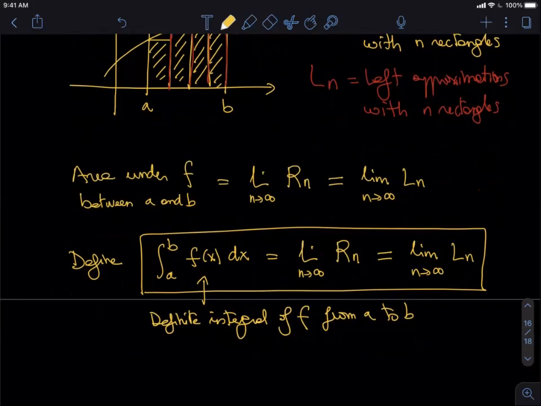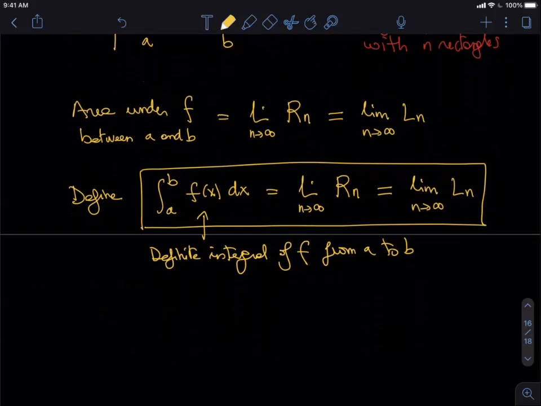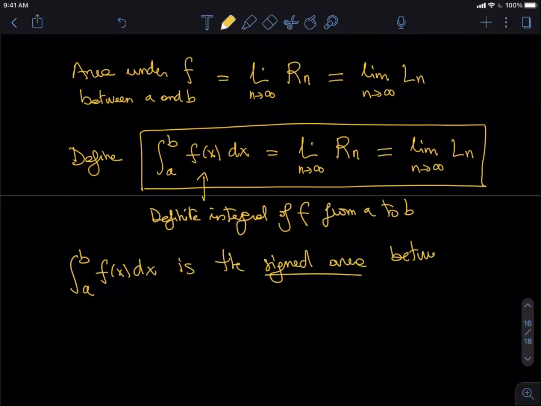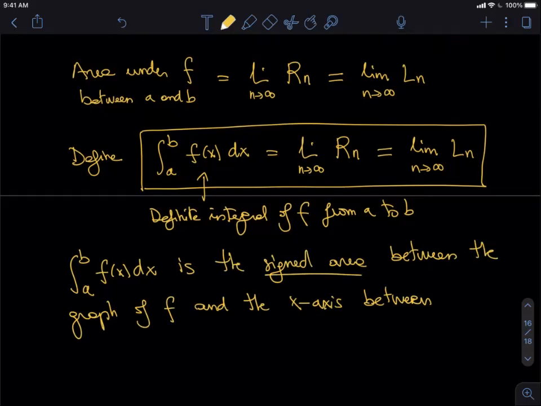And here it's important to notice the integral from A to B of f of x dx is the signed area. And this is very important, between the graph of f and the x-axis, of course between x equals a and x equals b.